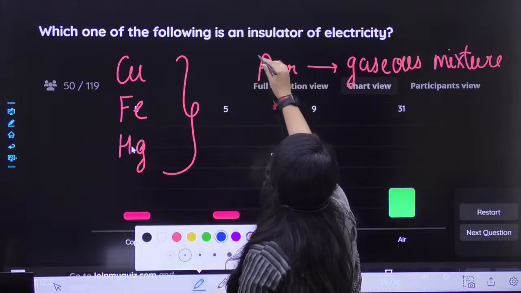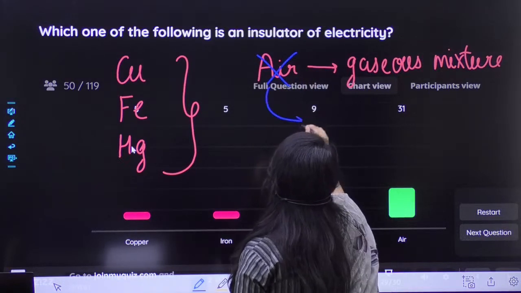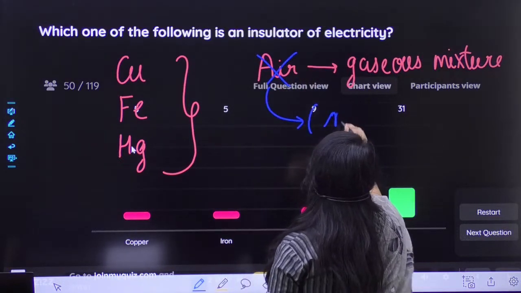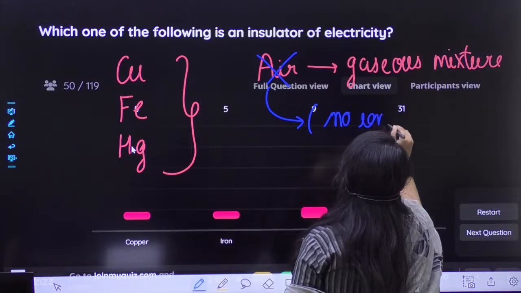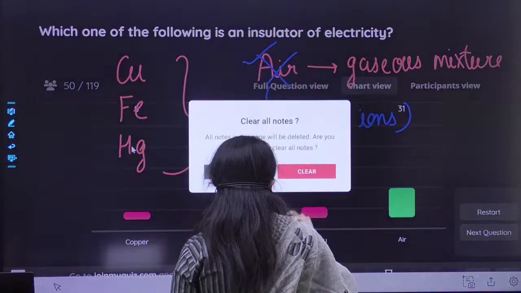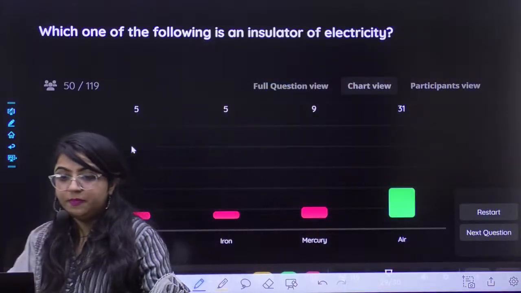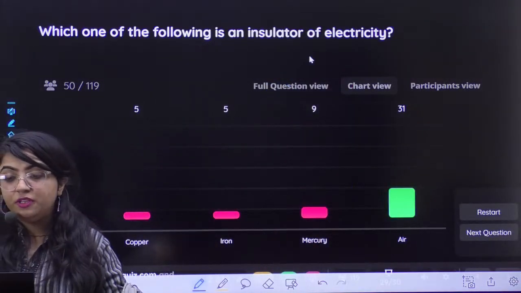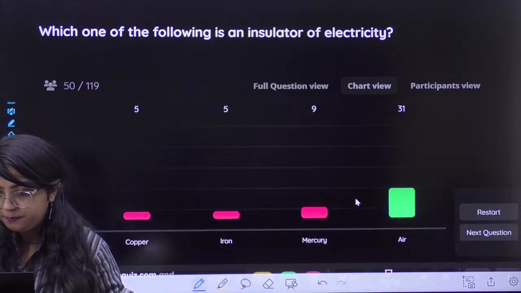It will not allow the electricity to pass through it as no ions are there. So here air is an insulator. I hope it's clear. So the correct option for this question is air.